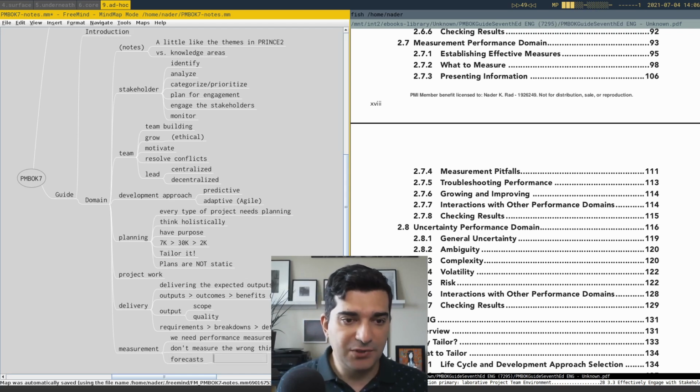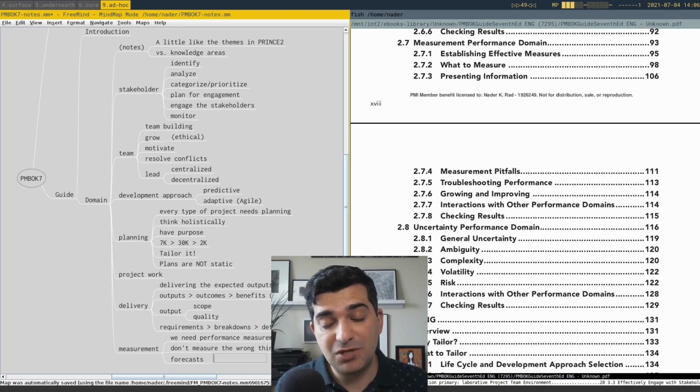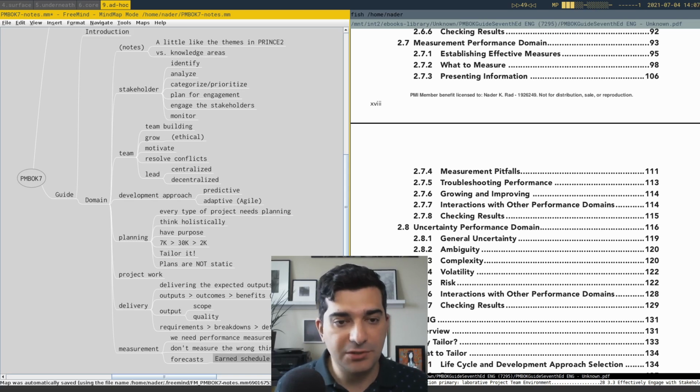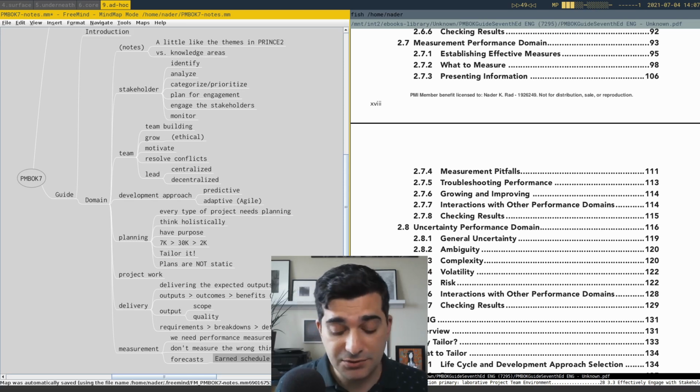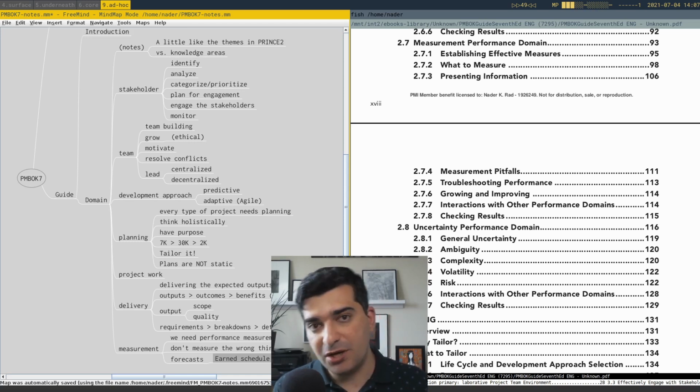So, for example, for forecasting the completion dates, a good thing is the earned schedule method. It's really good. Take a look if you're working in predictive projects. In adaptive projects, you may have everything time boxed.